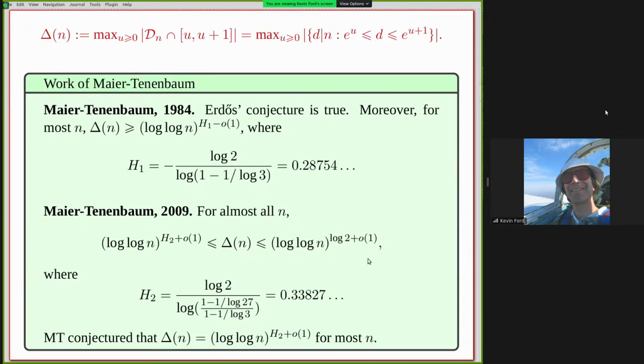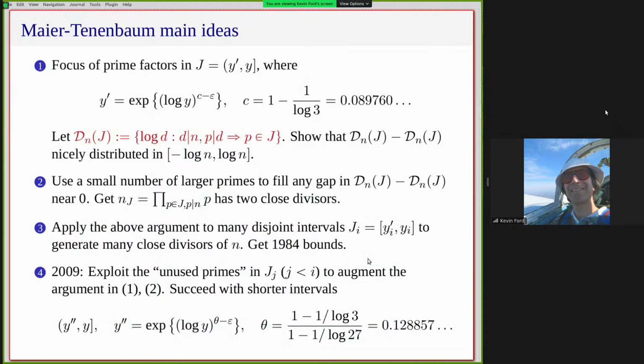So I want to briefly outline some of the methods, some of the highlights of the Maier-Tenenbaum work, because some of these will, of course, play a role in our new work as well. The first one was to focus on the prime factors of a random integer in a certain interval, y prime y, where y prime is given by this expression and c is a small constant.